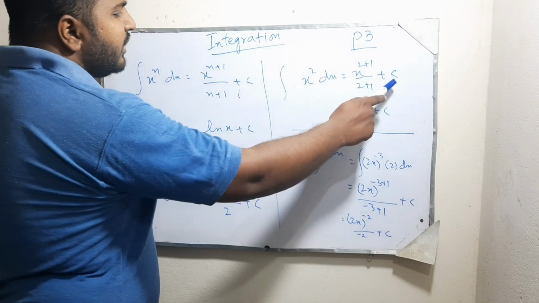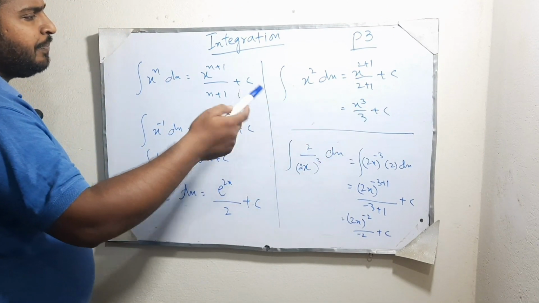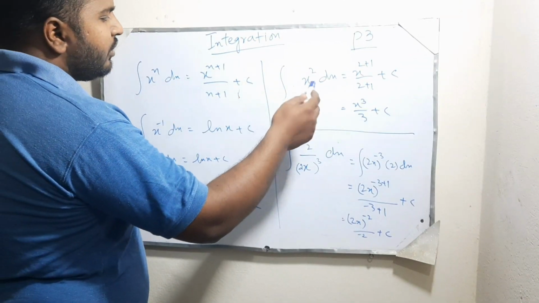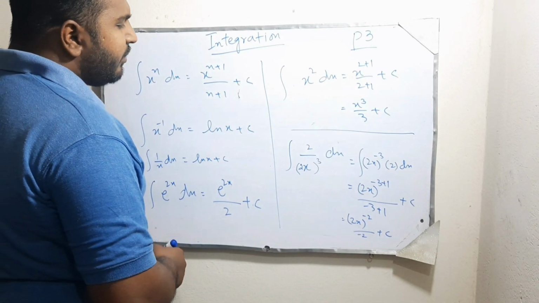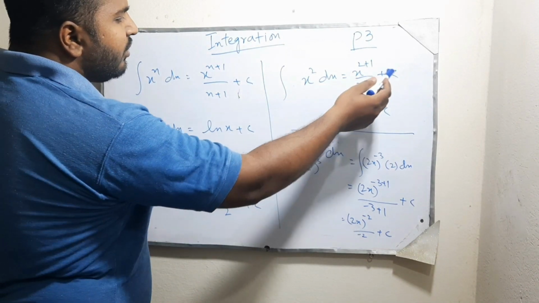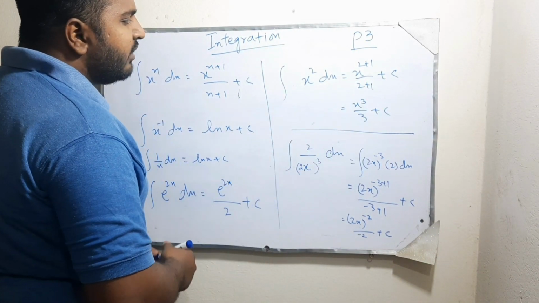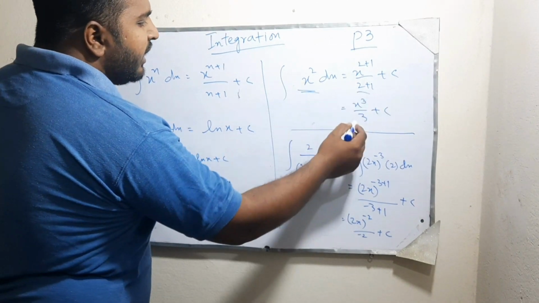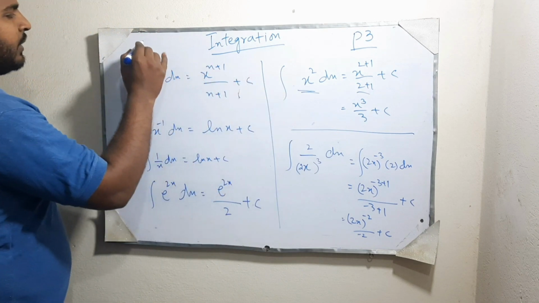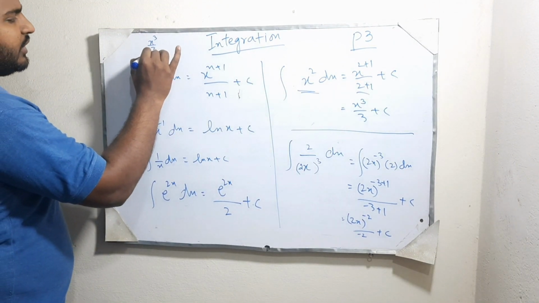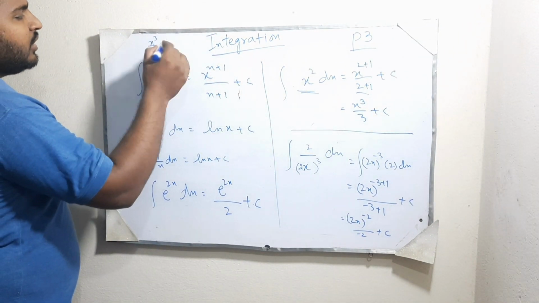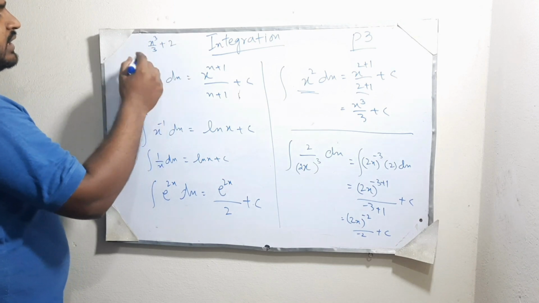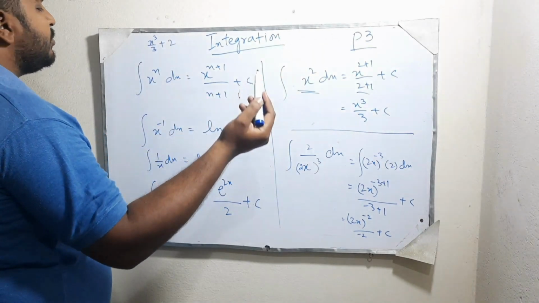Here the constant of integration arises because we do not know, in the derivative process, the differentiation process, what was the constant that became 0. Like we can take x power 3 over 3 plus 2. Let's say this constant was 2.